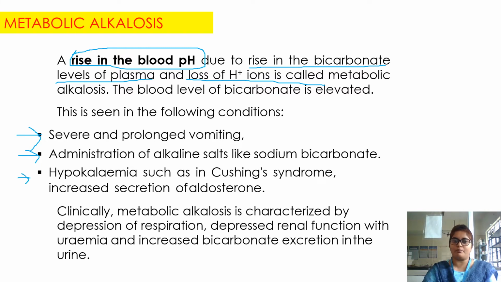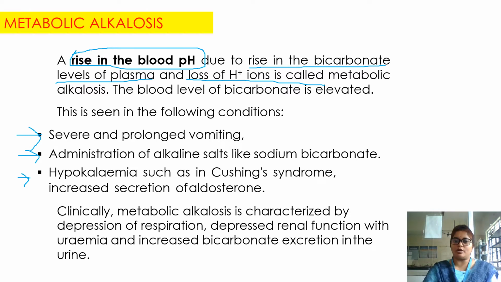Hypokalemia, in the sense a deficit in potassium, such as Cushing's syndrome and increased secretion of aldosterone. These cases are going to increase the pH of the blood. That means the blood pH is going to become alkaline, which we call metabolic alkalosis.